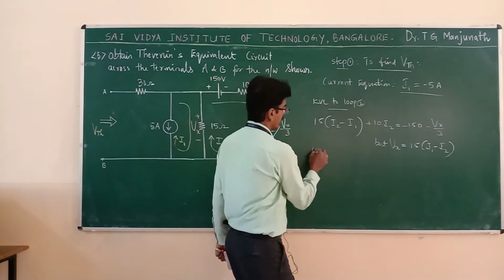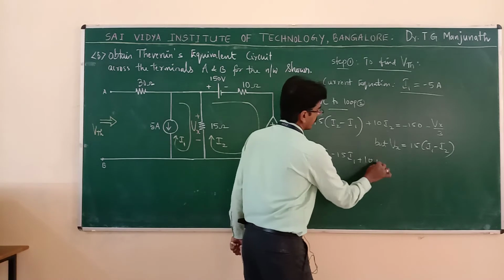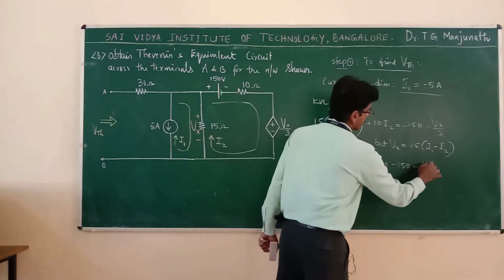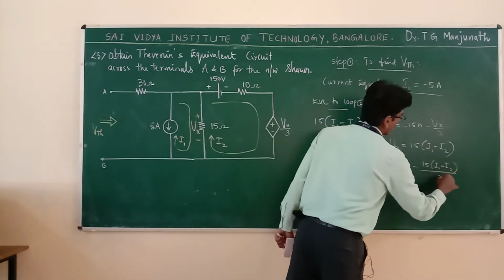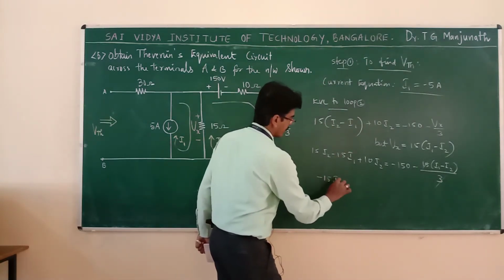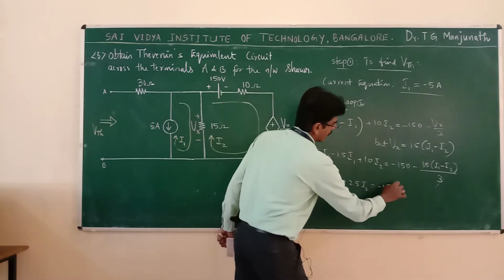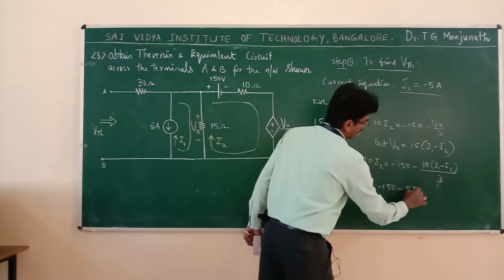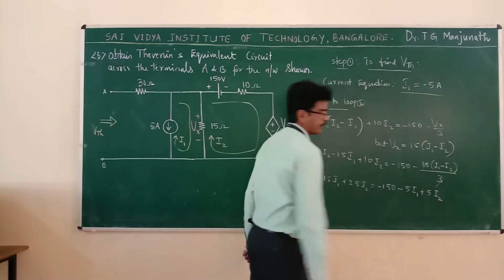Now, let us simplify. 15 I2 minus 15 I1 plus 10 I2 is equal to minus 150 minus 15 into (I1 minus I2) divided by 3. Then what will you get here? Minus 15 I1 plus 25 I2 is equal to minus 150 minus 5 I1 plus 5 I2.